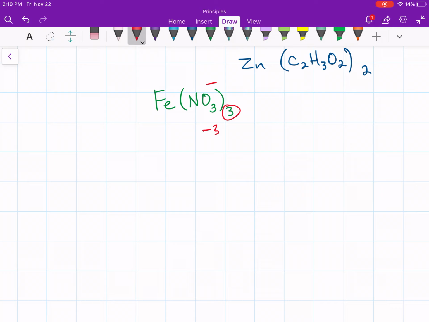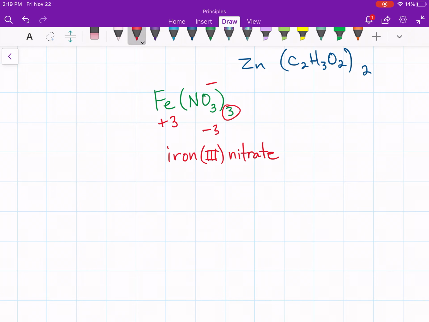So this one single iron atom would have to be +3. And because iron is a transition metal, and it's not one of those 6 elements in the staircase that are always the same charge, we have to include the Roman numeral that says what the charge is. So Roman numeral 3. So iron 3 nitrate.